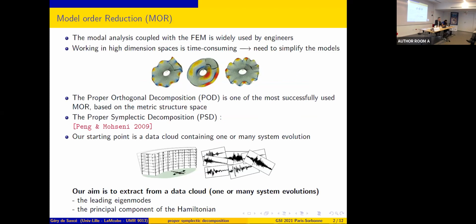In structural mechanics, the modal analysis coupled with the finite element method is widely used by engineers. But working in high dimension spaces is time consuming, often intractable, and requires big pieces of data.